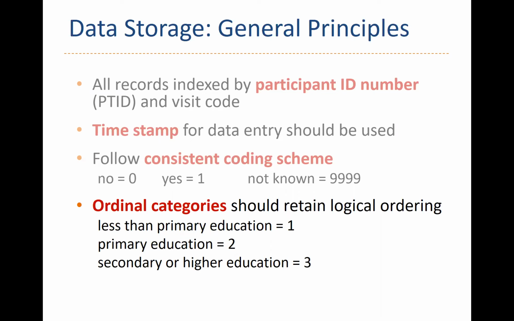One thing to think about is whether you might want to slip a value in between two categories later on, so you may want to give yourself space. If I want to have something in between less than primary education and primary, and I've coded it 1, 2, 3, and then I decide to slip something in between there, I can't go back easily and recode all of those.